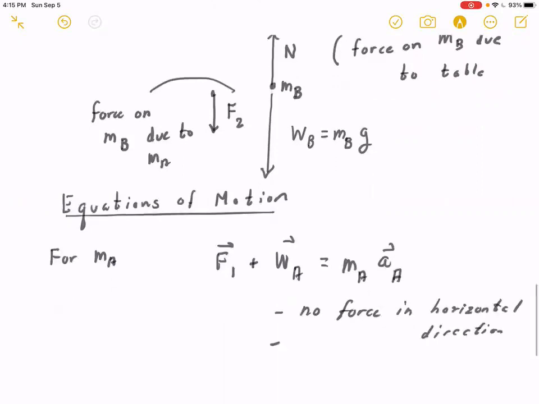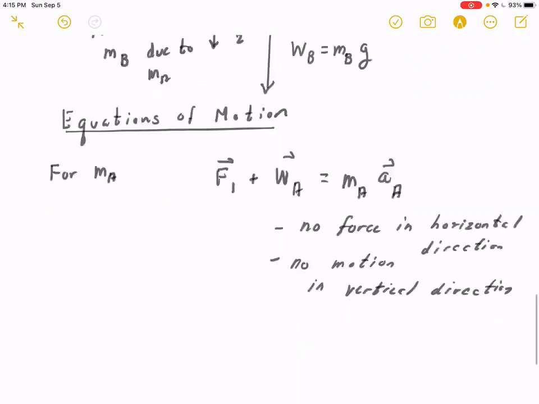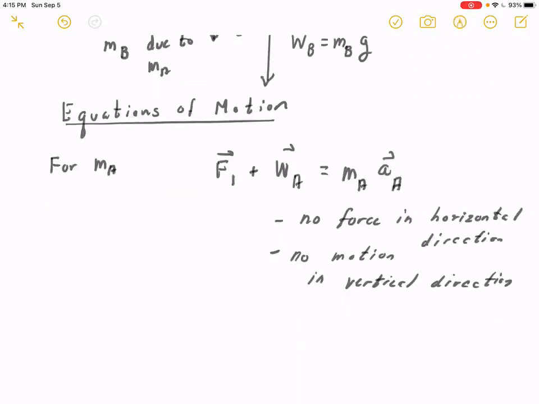And even though there are forces in the vertical direction, there's no motion in this case in the vertical direction. So if you resolve this vector equation into its components, you simply get F sub 1 minus M sub A G equals 0.